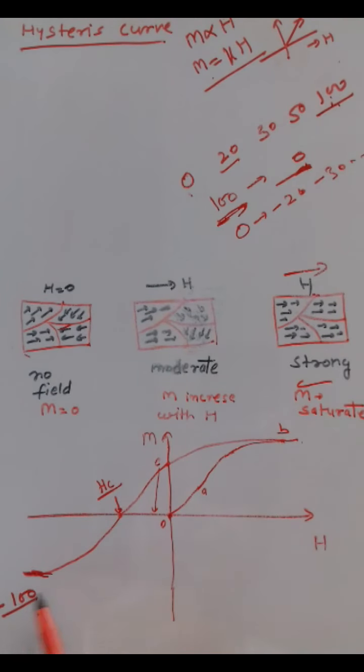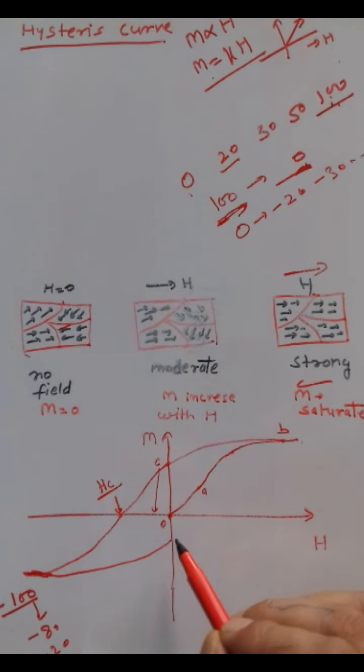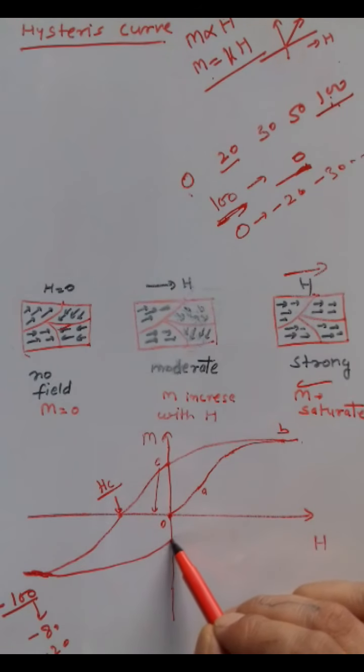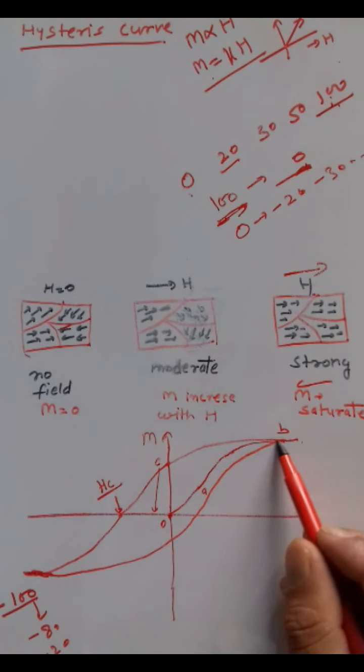Now if we increase the external field again, like -80 and -20 and up to 0, the curve will trace like this path, and if we again increase the field, the curve will trace like this path.